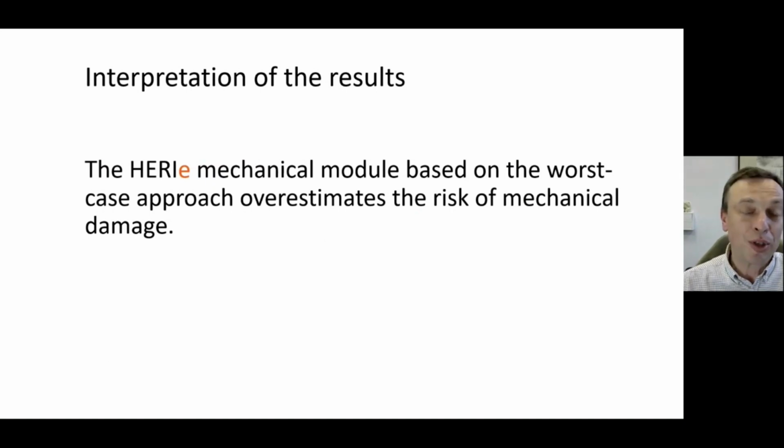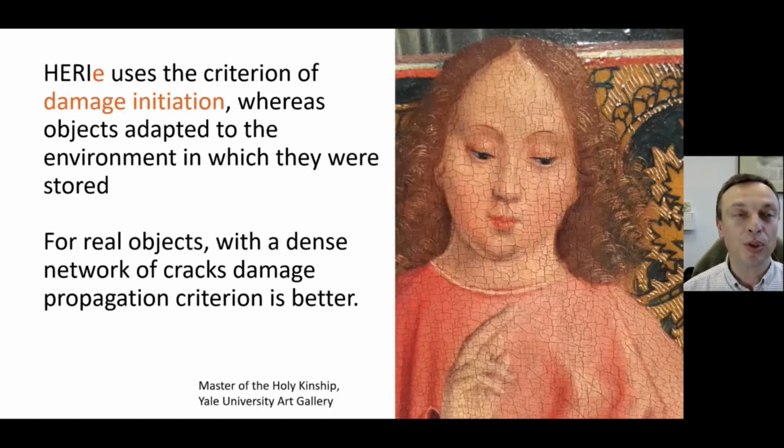This is the very nature of the worst case approach: we are assuming that our object doesn't have any initial damage, and we use the damage initiation as a criterion for damage, whereas objects adapted to the unstable environment in which they were stored for a long time have a lot of cracks and damages, as you can see here. For such objects, damage propagation should be used as a criterion, but we don't have such tools yet, as a heritage field, but we are also working on that.